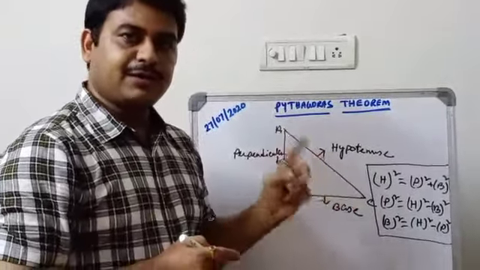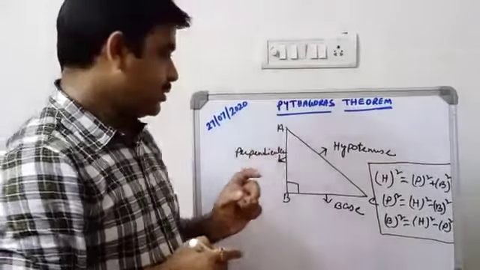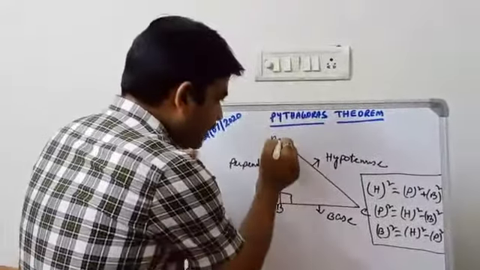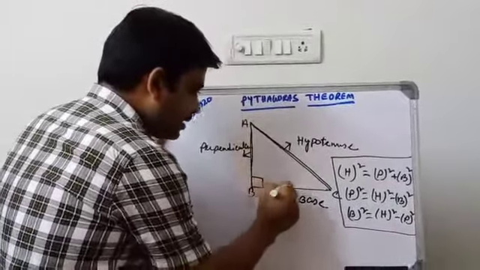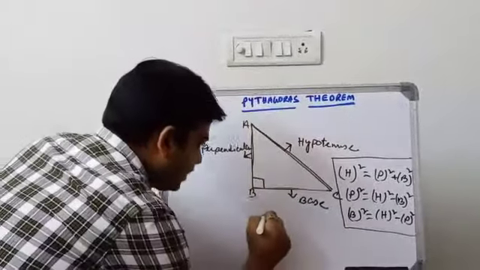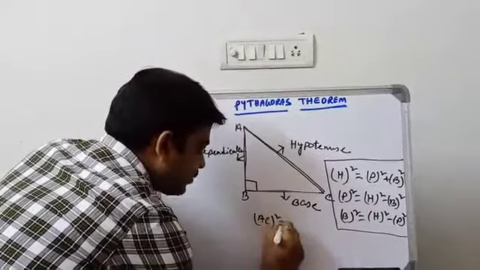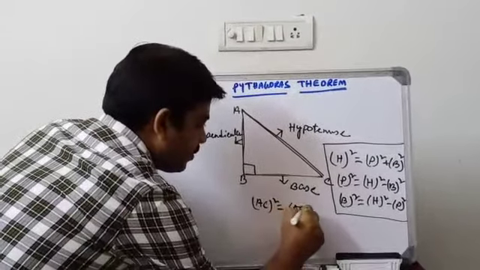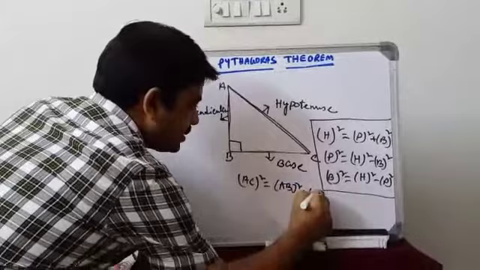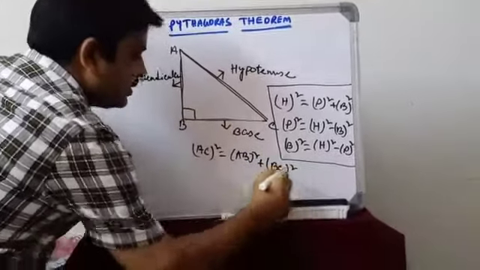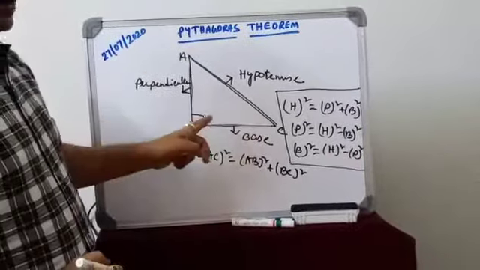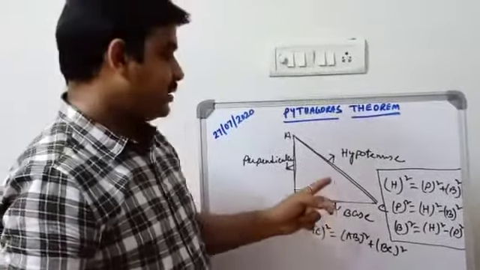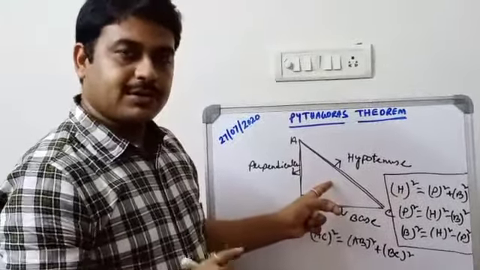Suppose in this triangle, if AC square equals AB square plus BC square, and it holds, then we can say that the triangle is a right angle triangle. That is the converse of Pythagoras theorem.